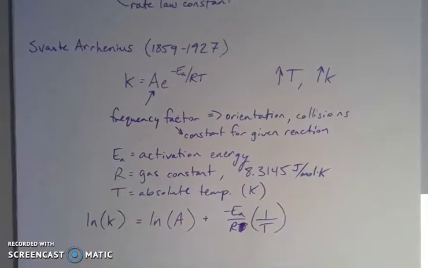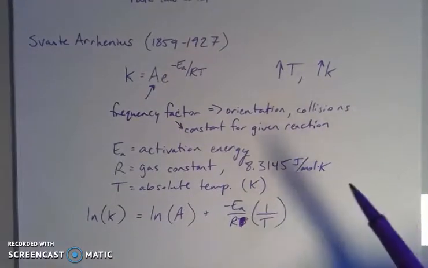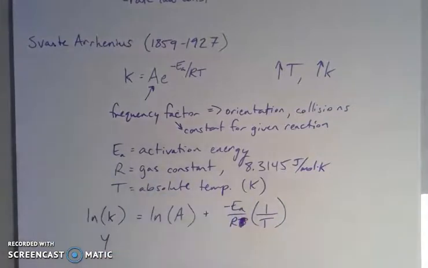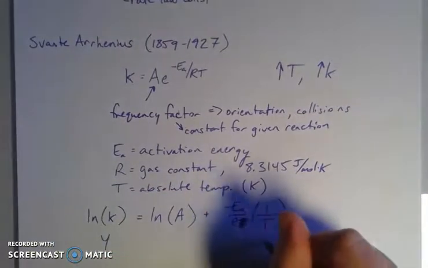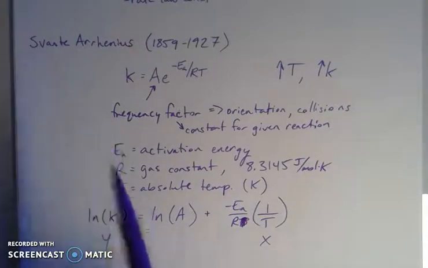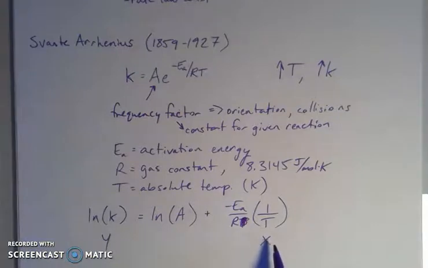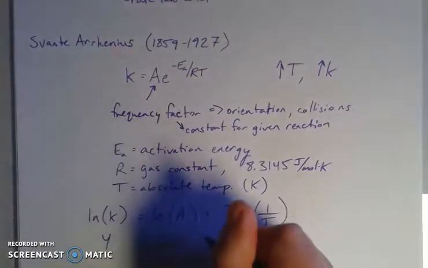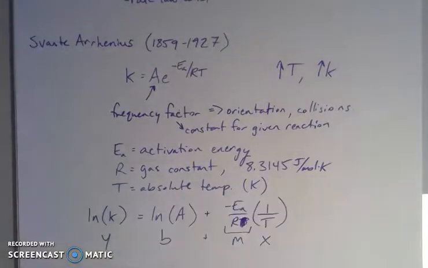The reason that I'm doing that is because one of the things we can do is graph the natural log of our rate constant versus 1 over our absolute temperature. So we have our natural log of k on the y-axis and the inverse of our temperature on the x-axis. If we graph these, then what shakes out is that this is my m, my slope, and this is my b, my y-intercept.